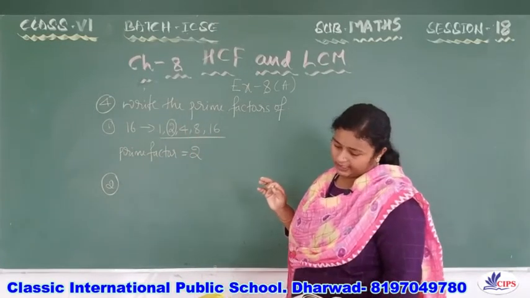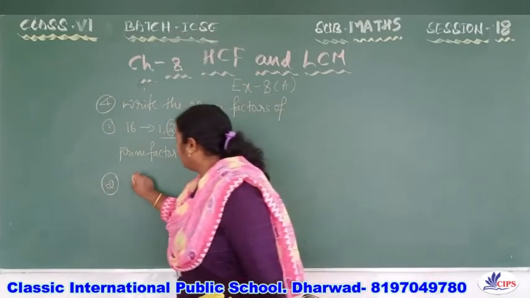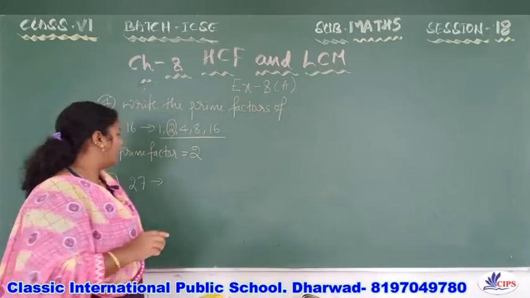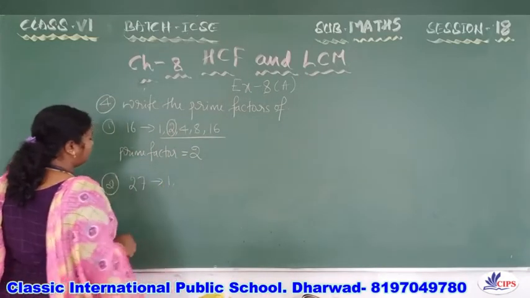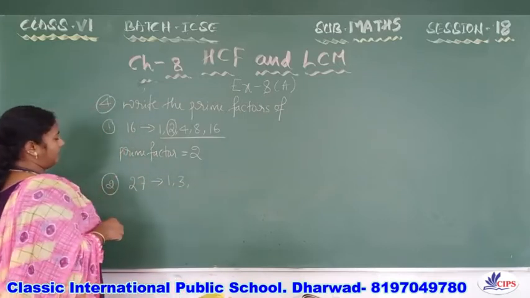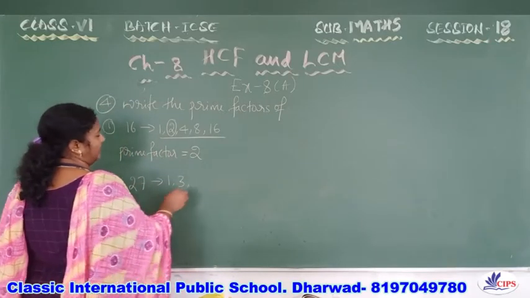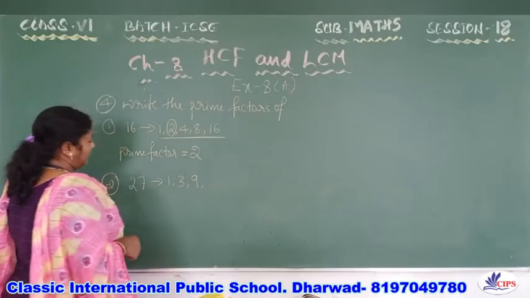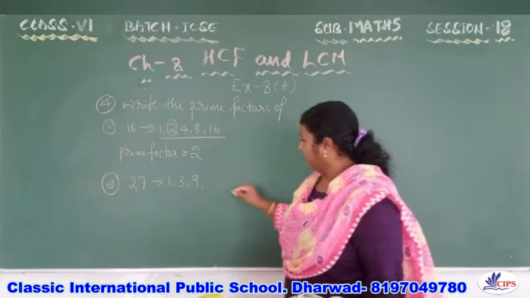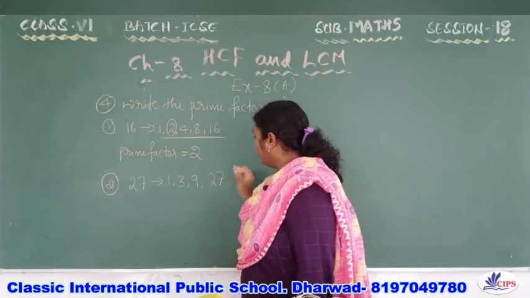Next, the second one is 27. First write the factors of 27. This is 1, not 2, it is 3, then 4, 5, 6, 7, 8 no, 9. Then after 9, it is directly 27.